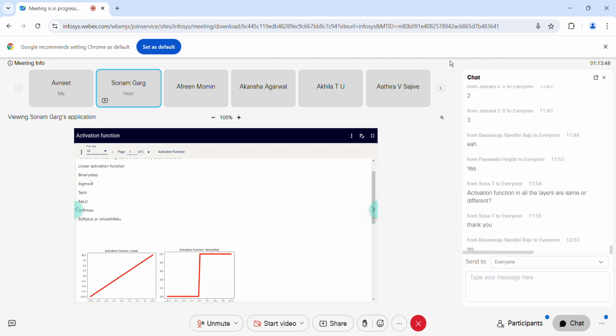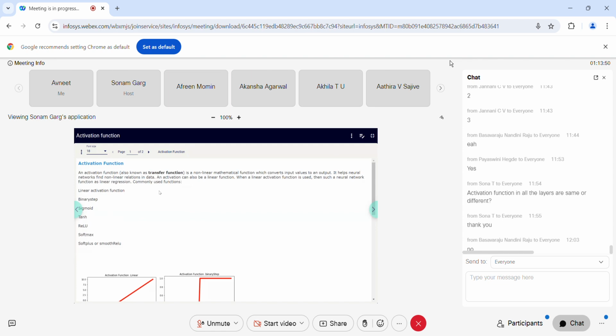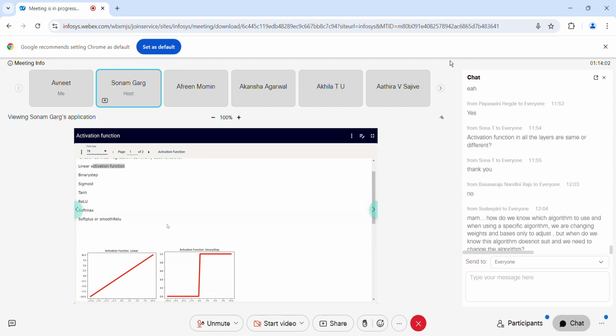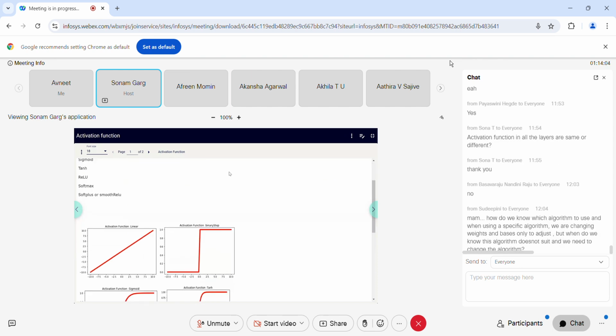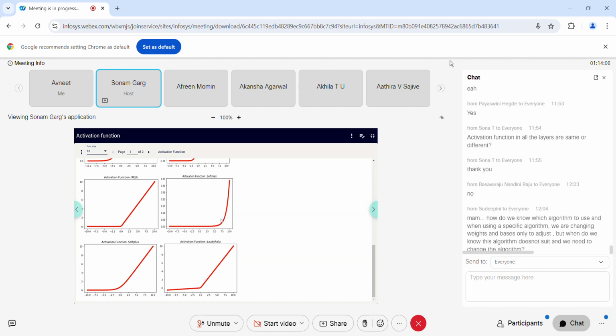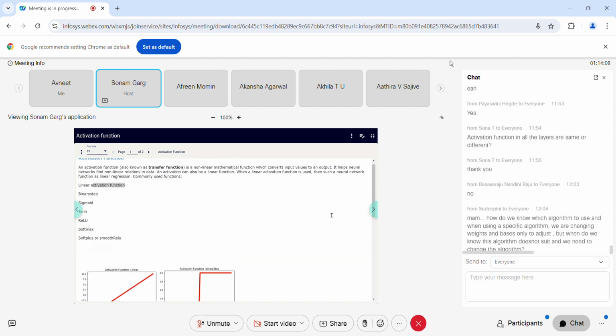So these are some of the popularly used activation functions in neural networks, like I told you: sigmoid, linear activation function. If linear activation is used, it will be regression only. Softmax, softplus, ReLU, soft ReLU. These are the functions. Now, what will happen here? f(x) is different in this case.